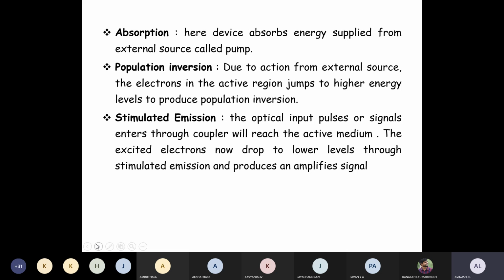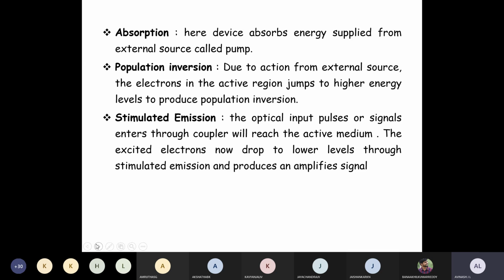That means when an external source of energy is applied, the electrons in the lower energy level of the active region take the energy.